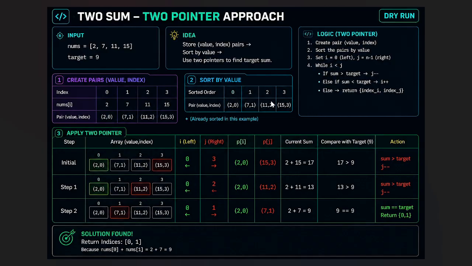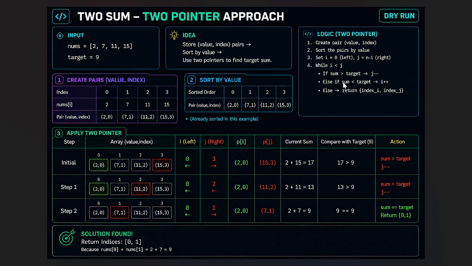Once we have the sorted pair vector, we apply the two-pointer approach. It says we need two pointers, i and j, which we keep at the required places. I'm keeping i at the starting index and j at the last, that is n minus 1. The size of nums is 4, so j is 3.